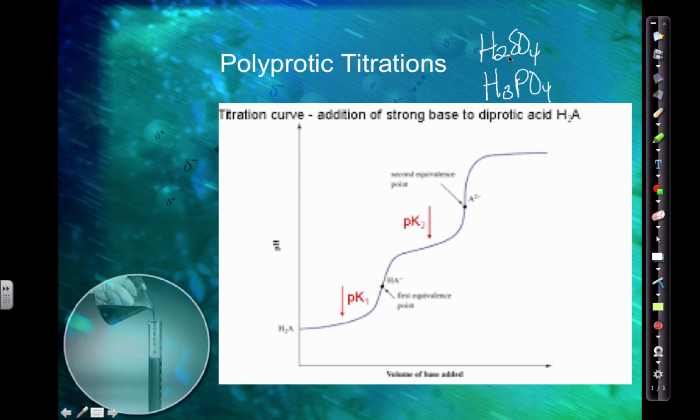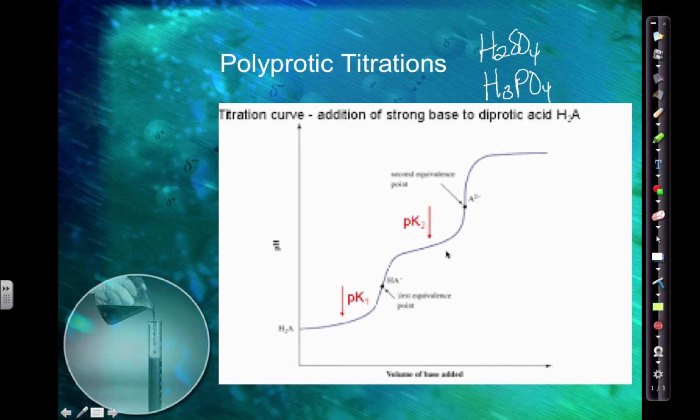Basically, if you have more than one hydrogen that can be donated, it's polyprotic, but only one hydrogen is removed at a time. So when I look at this, I have multiple equivalence points, and that's because you're pulling off one hydrogen at a time.